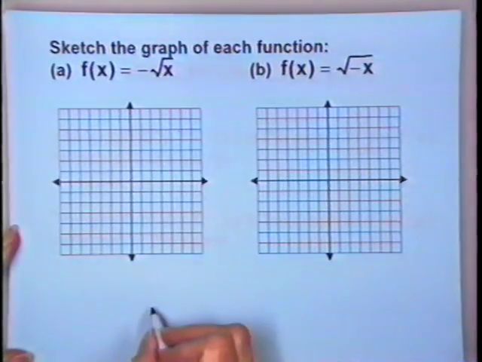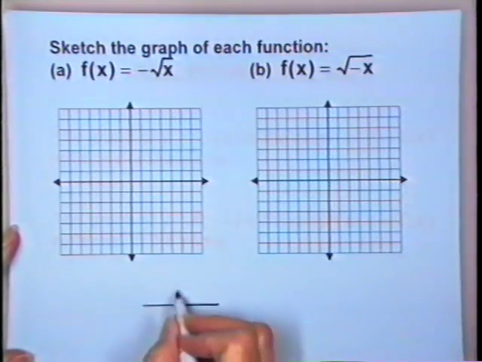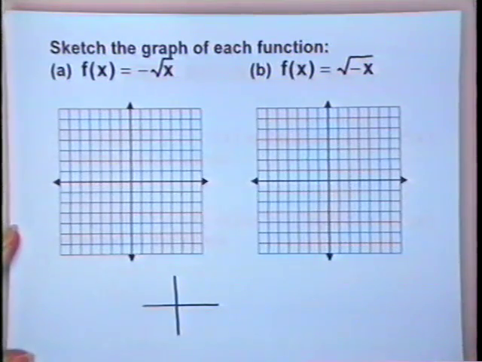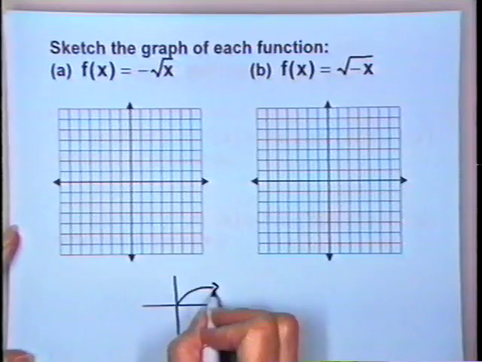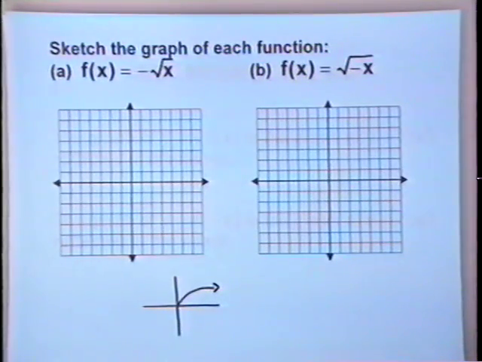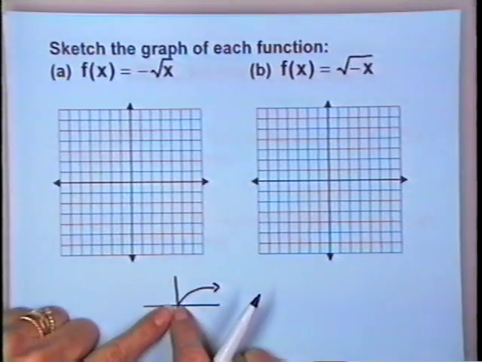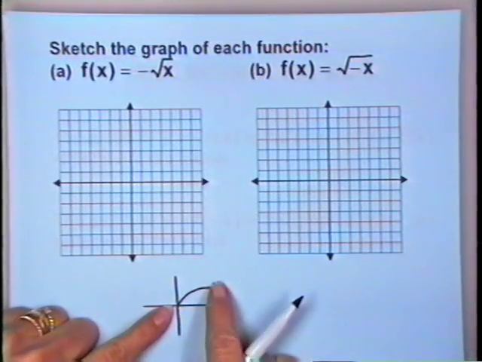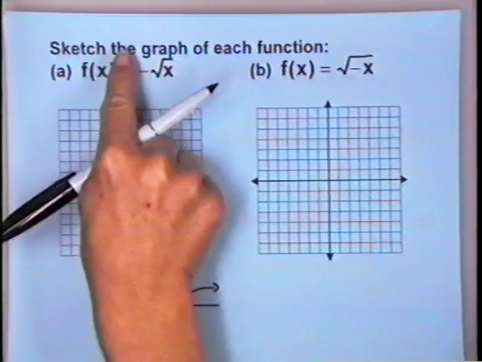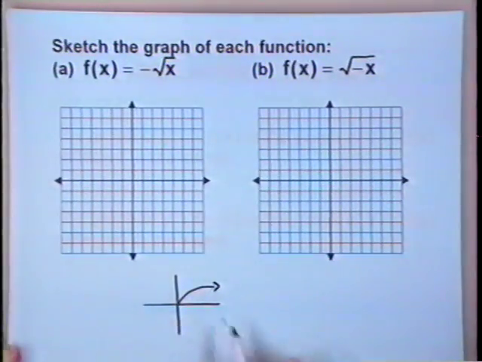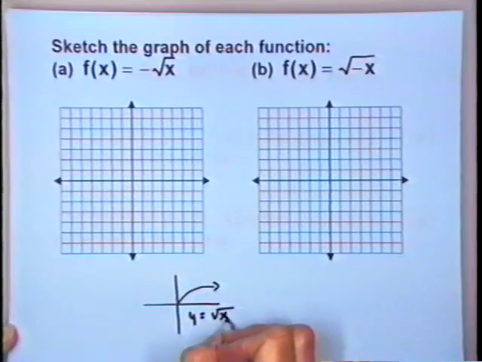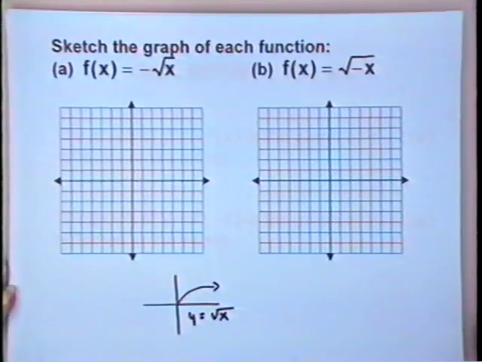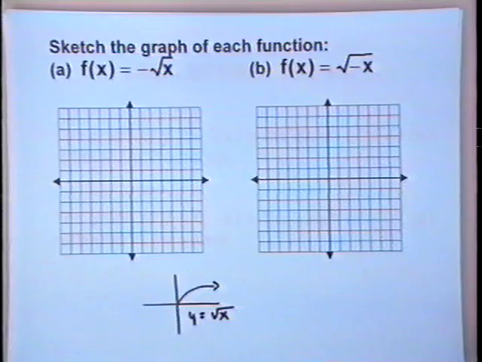So what I'm going to do down here is just remind you, if you have an xy axis, that the square root function has a graph that looks sort of like that. It looks sort of like half of a parabola. It goes through 0, 0, it goes through 1, 1, it goes through 4, 2, and so forth. And of course, that's without that negative sign in front of it. This would be the graph of y equals just the square root of x. And you should be familiar with that graph and have that picture.